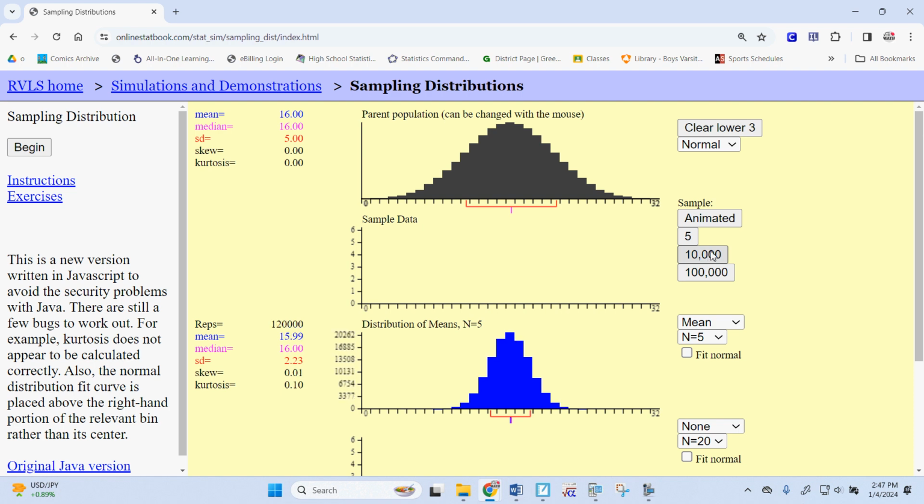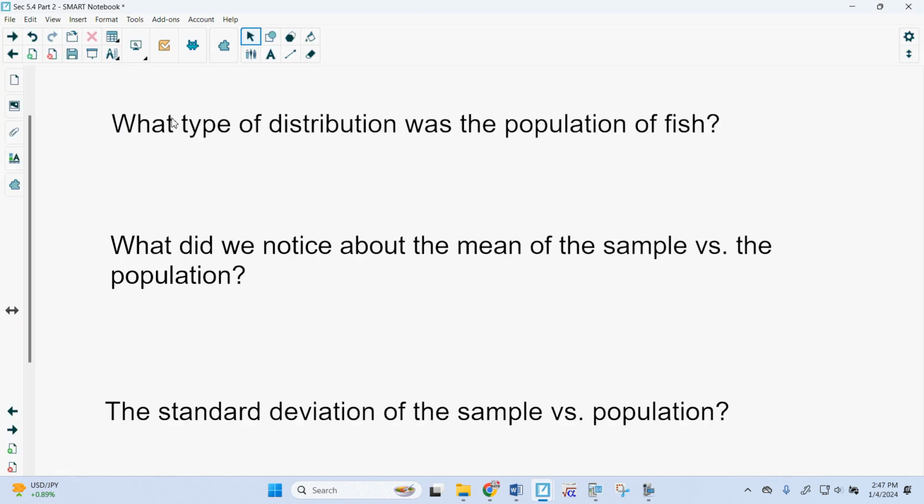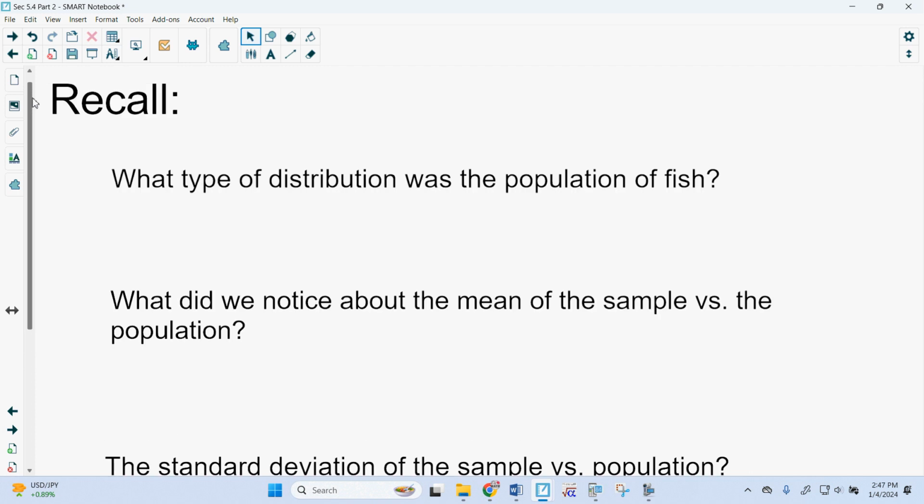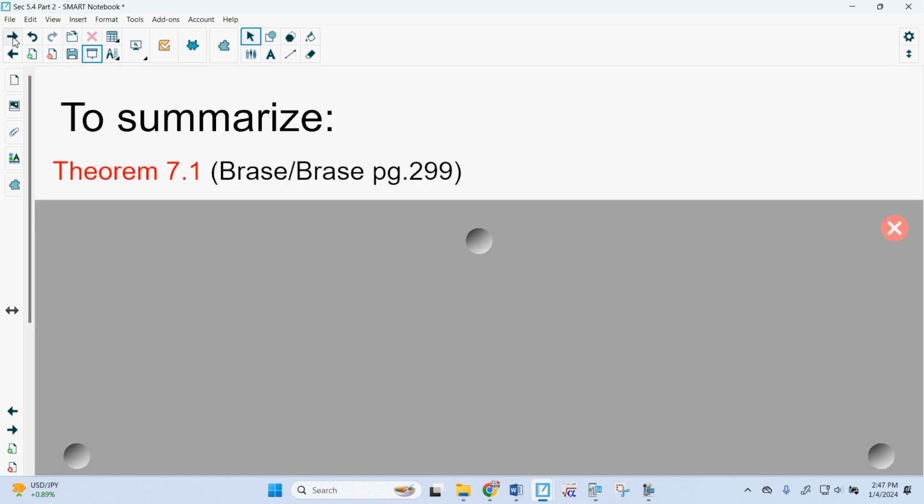It basically becomes 16. However, my standard deviation is smaller. This went from 5 to 2.23. So the question is, how does our standard deviation change? It gets smaller because we're finding the average. It varies less.